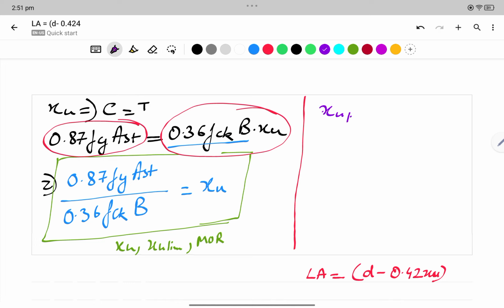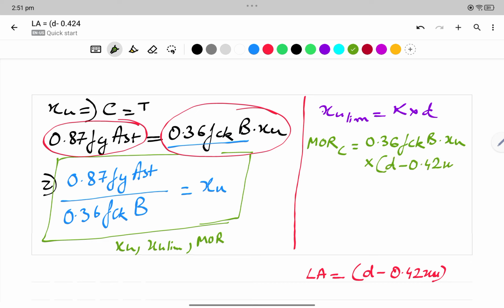XU limiting, what we saw, is equal to K into D. And the moment of resistance for the compressive side is 0.36 FCK B into XU, multiplied with the lever arm D minus 0.42 XU.